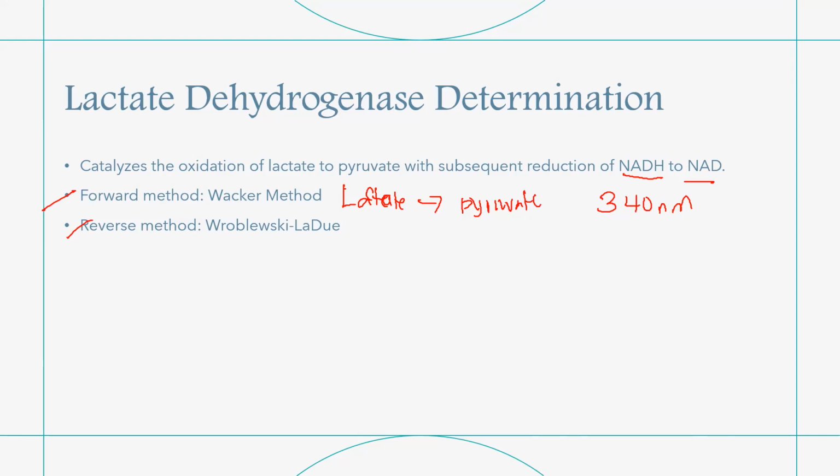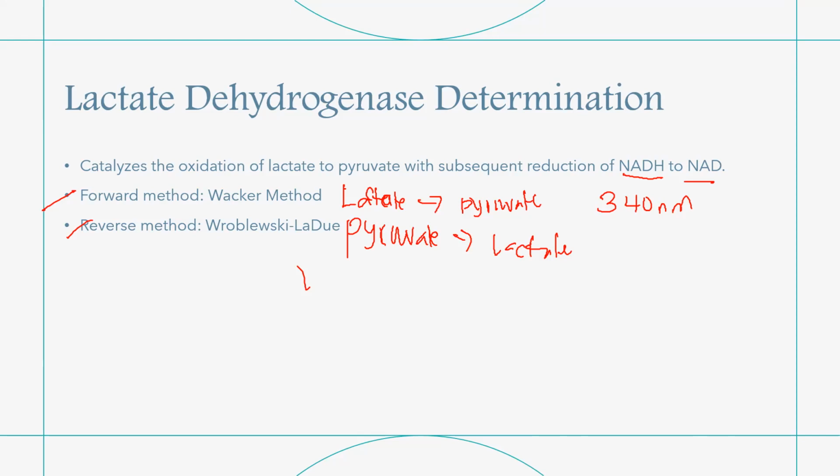On the other hand, we have your Wroblewski-LaDue, which employs the reverse reaction from pyruvate to lactate. Therefore, in this situation, the NADH serves as a co-substrate and is being consumed during the course of the reaction.